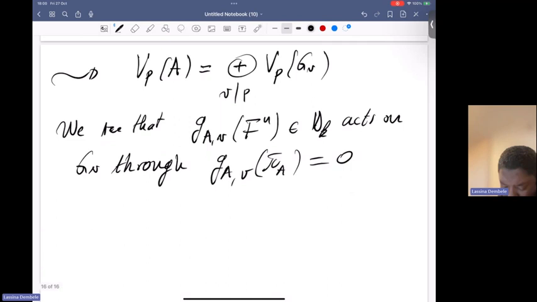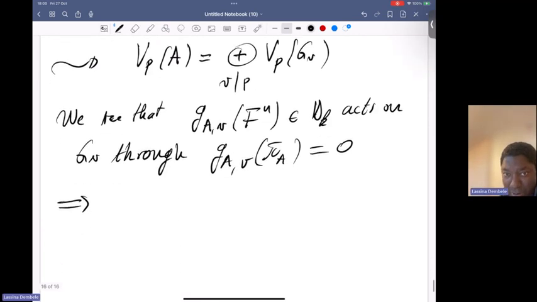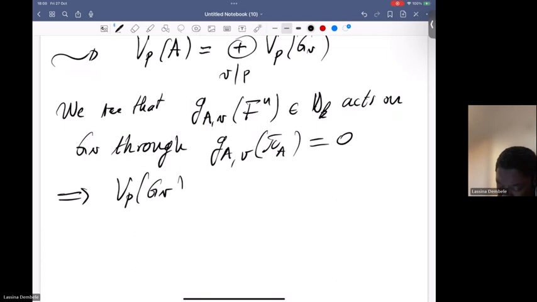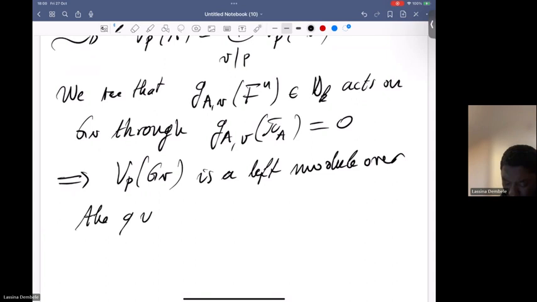And so what that means is that the action of our ring on this module is through the following quotient. So it means that VP of GV is a left module over the quotient.